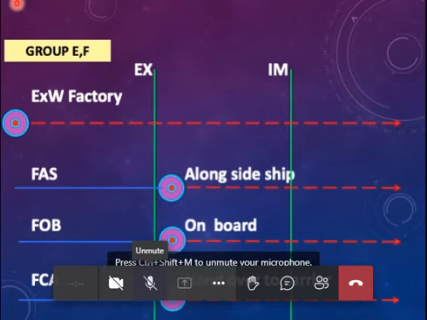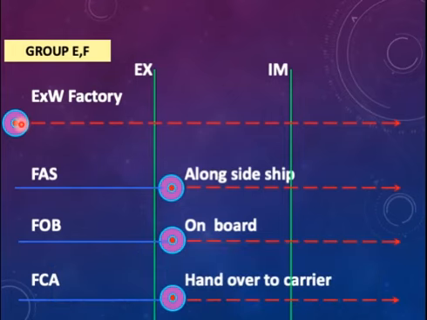Right. Very good. So for group E, the obligation, cost, and risk to the seller is the least, right? And to the buyer is the most, right? The buyer covers the most risk, most cost, and most obligation.